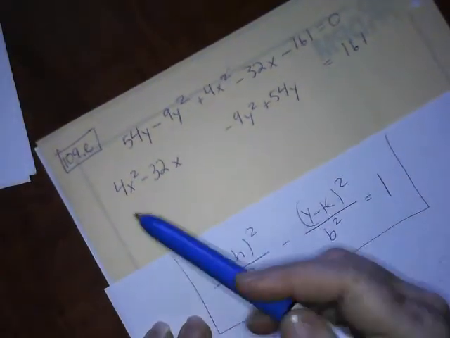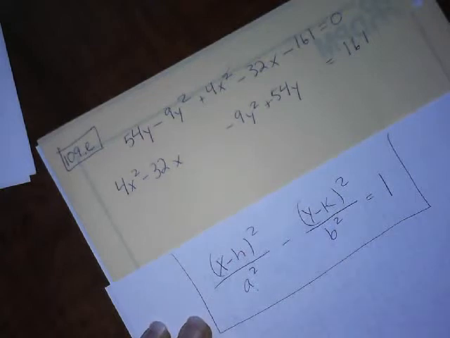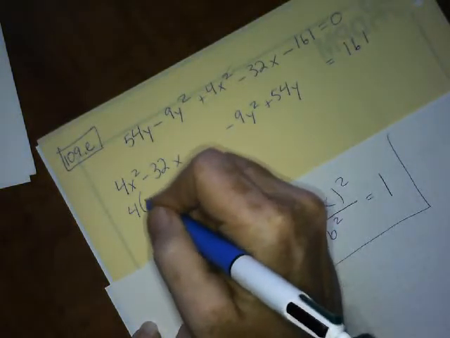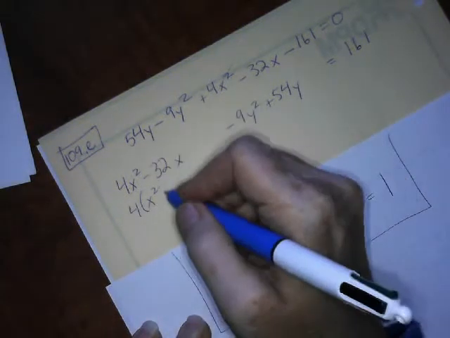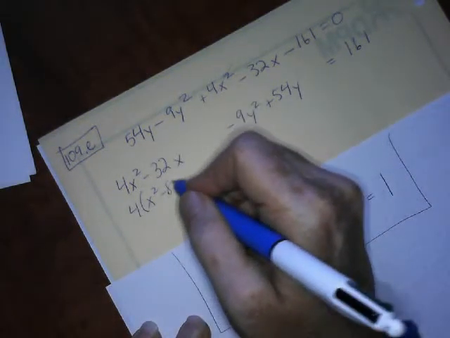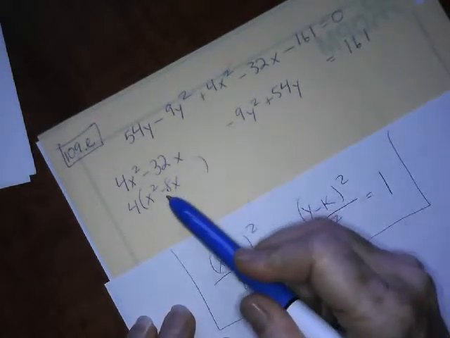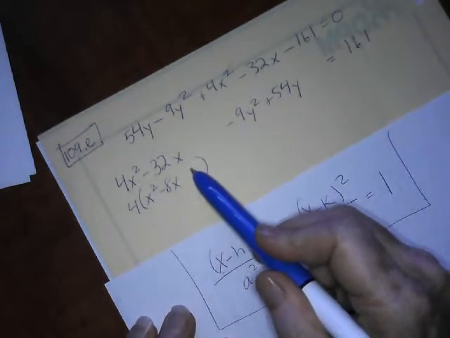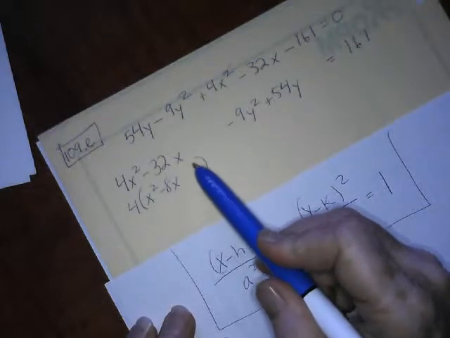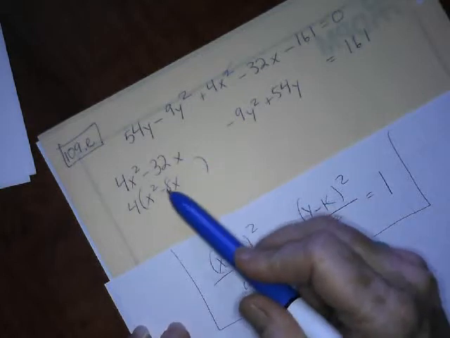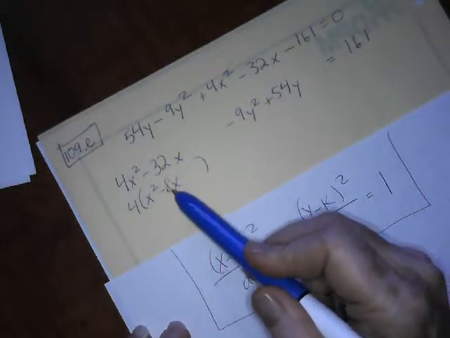So when we complete the square, we want to take the coefficient off the squared term. So we're going to factor it. 4 times x squared minus 8x, right? And then what we do is we say, what number can I write right here that'll complete my square? I call it the magic number. You get it by taking half of the coefficient of x.